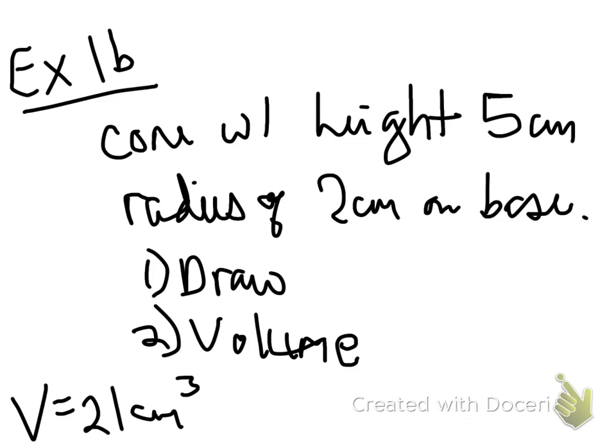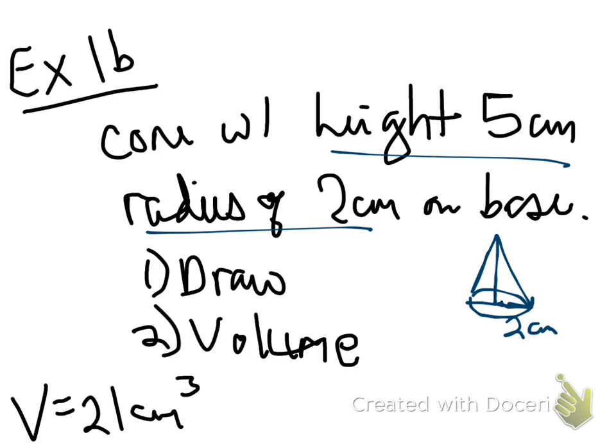So I'm going to just model that really quickly for you. You should have drawn your figure. It has a radius of 2 centimeters, then it has a height of 5 centimeters. We know volume equals 1/3 the base area times the height.